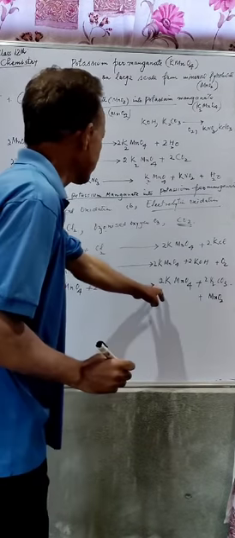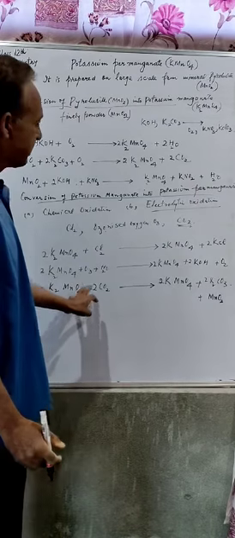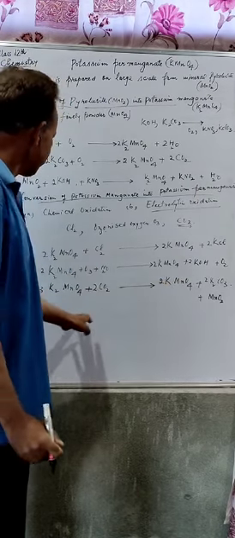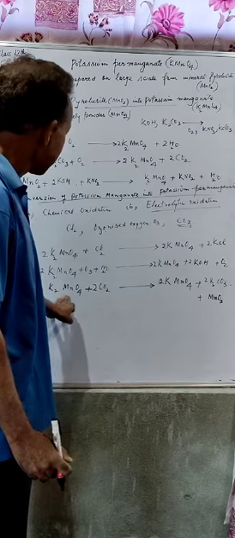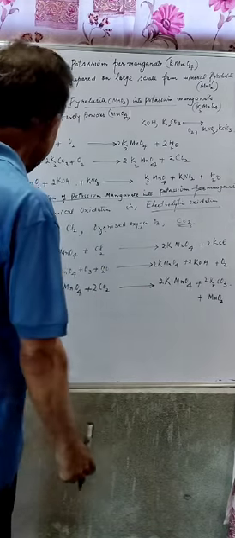We are converting potassium manganate into potassium permanganate by bubbling with carbon dioxide.